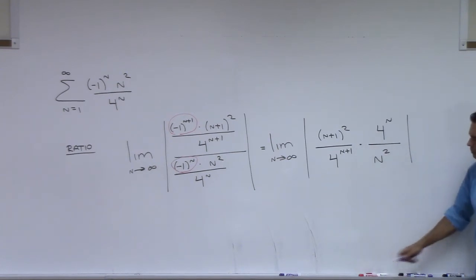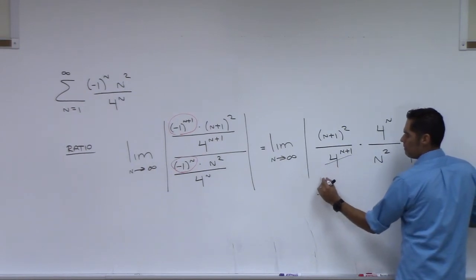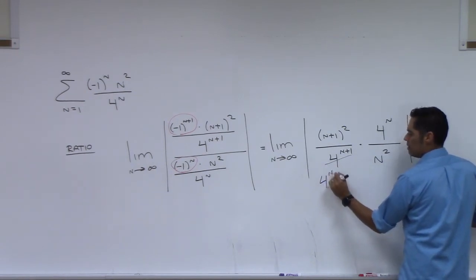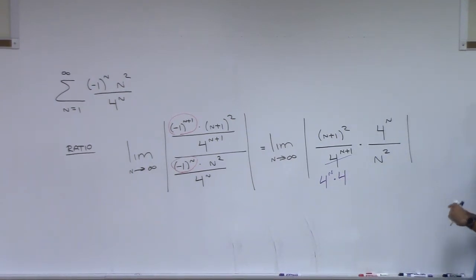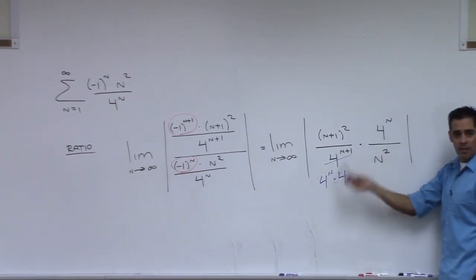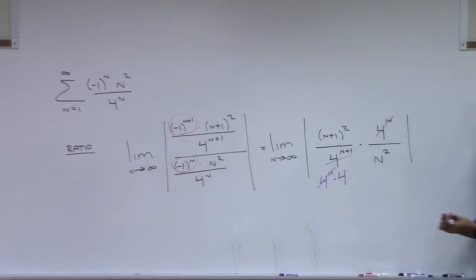Multiply. Or cancel out, excuse me. Rewrite this as what? 4 to the n times 4, right? That's what that is. And now you get the cancellation, don't you? So those are gone. That's nice.